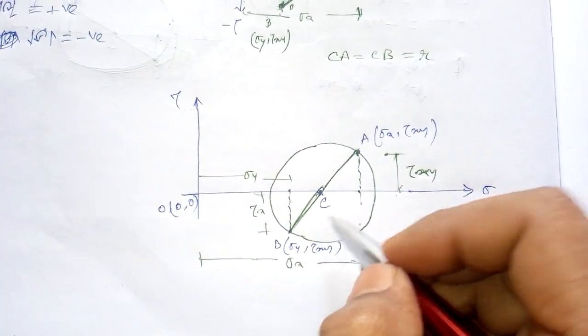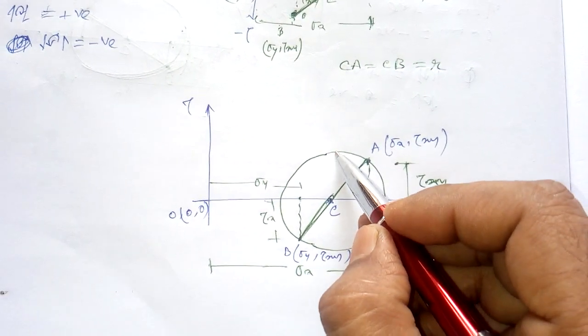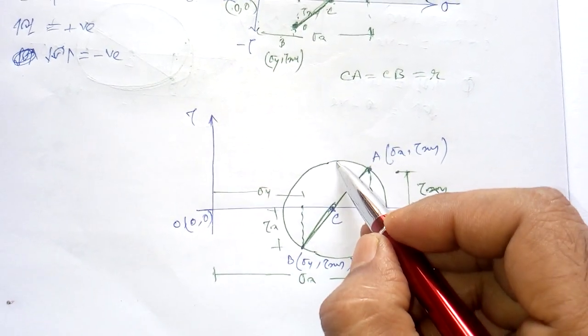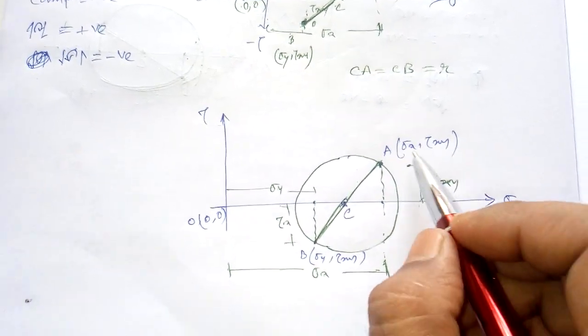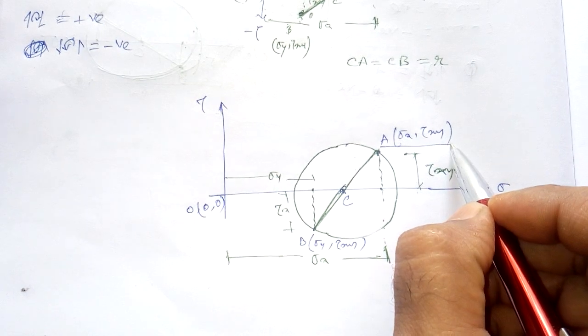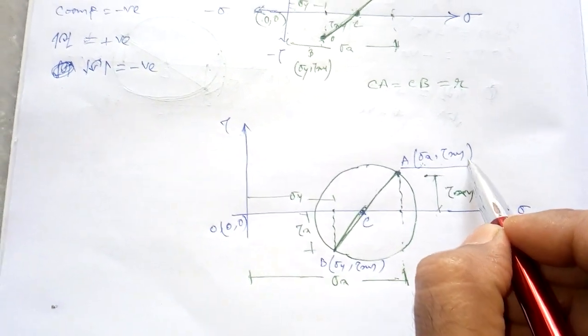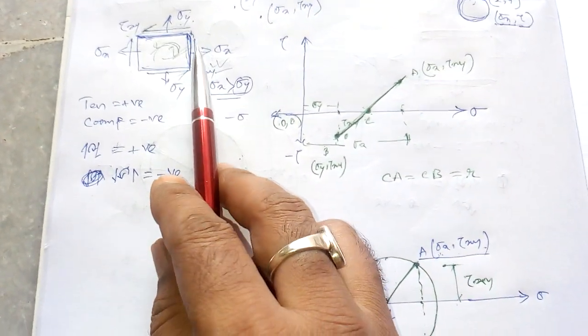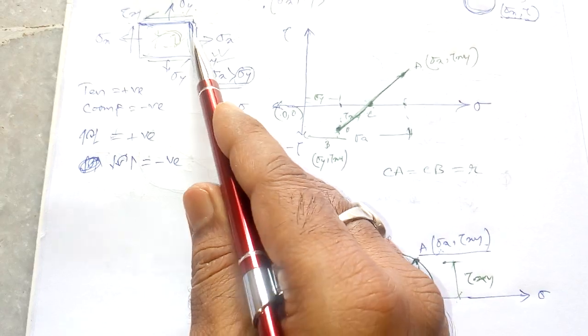So what they're saying is that this circle perimeter will give you the coordinates which are actually the stress condition for a particular plane. Just like A is giving you the stress condition sigma x and tau xy of this vertical section, right?